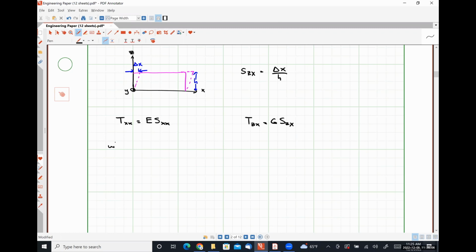where E is Young's modulus. That should be a capital Y, excuse me.